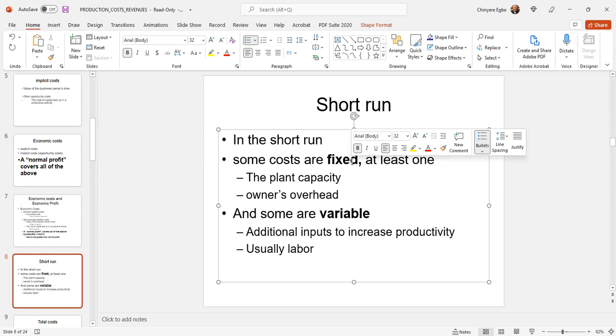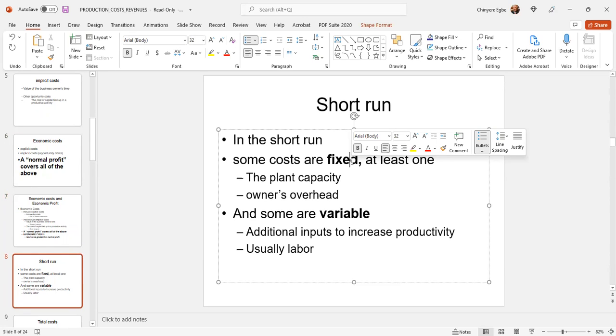That's a fixed cost, because you're renting that space whether or not you sell one plate of food or you sell nothing, the cost is fixed. You could sell 10,000 plates of food, the cost will not change because it's a fixed cost.